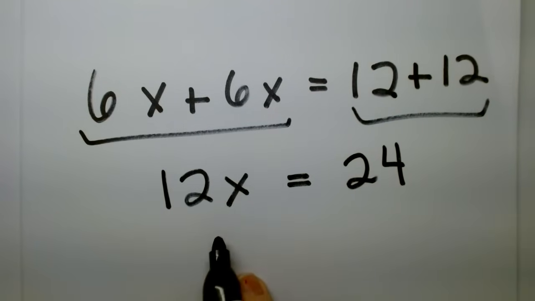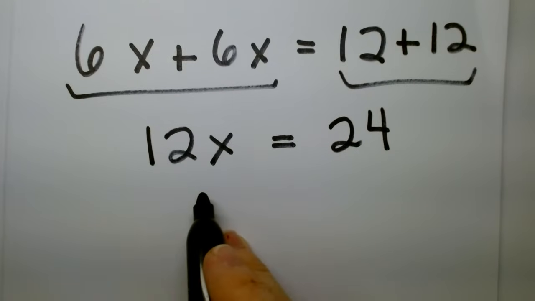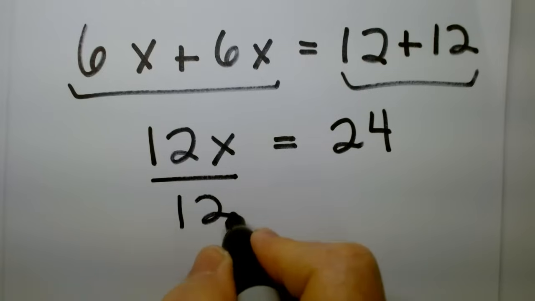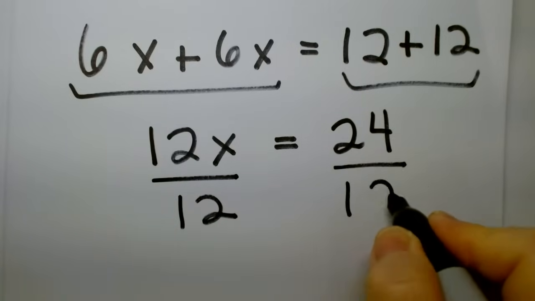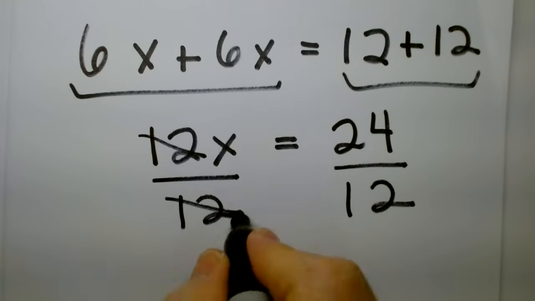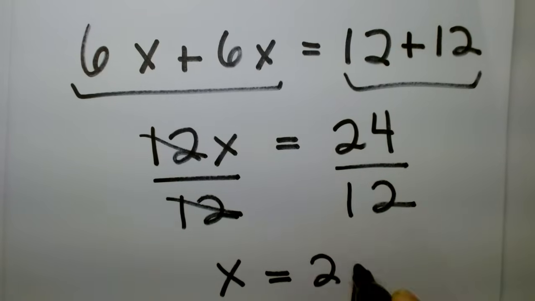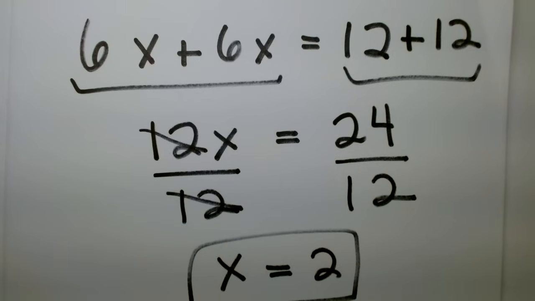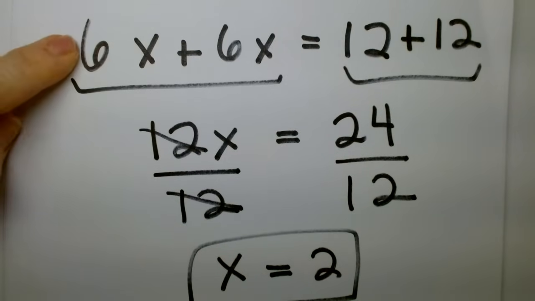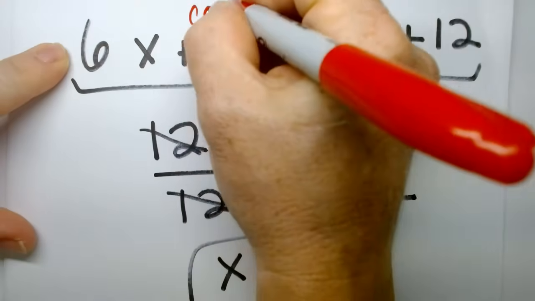Now, we just did problems like this. So we want the x by itself, divide by whatever's in front of the x, minus signs included. Okay, 12 over 12 gives you 1. X is, 12 goes into 24 2 times. Okay, the first thing we did is we combine like terms. We did this quite a bit last week.